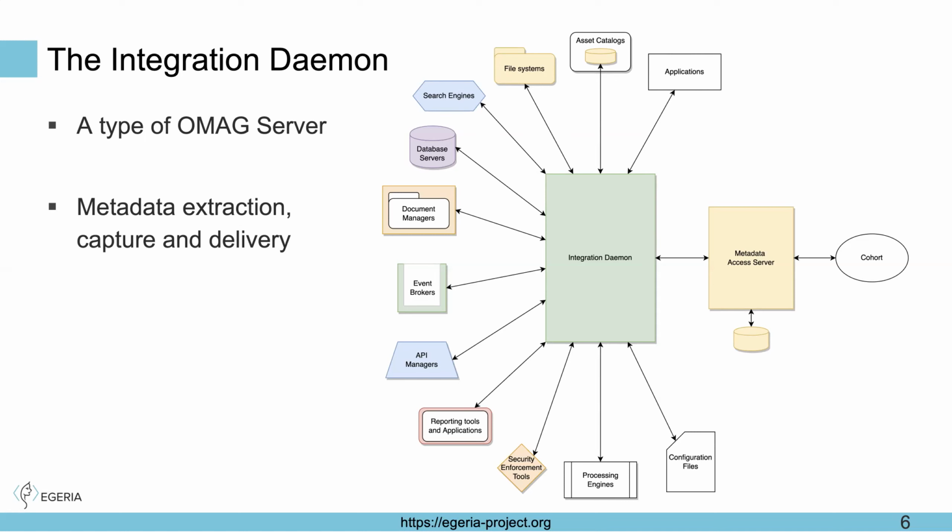That might have its own local store, or it might rely on the cohort to provide the storage. So think of it as the second level governance server sitting connected to a metadata server. As we bring metadata in through the integration daemon, it's translated into the OpenLineage format and stored in the metadata access server, either locally or through the cohort.